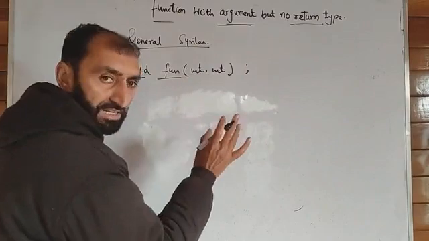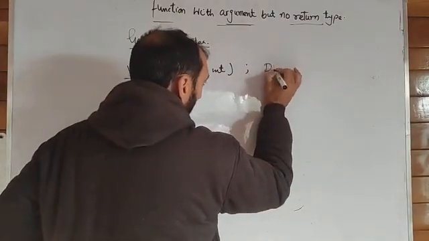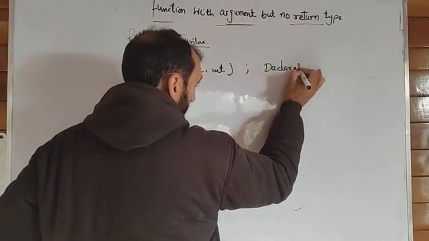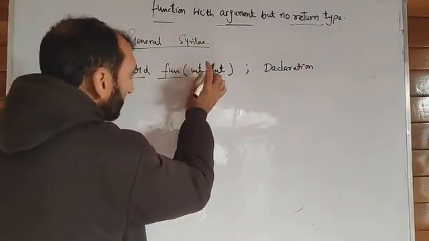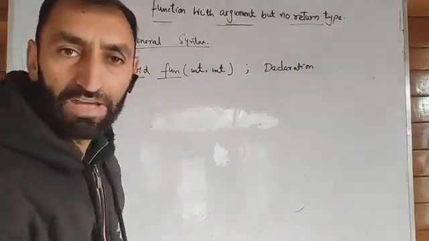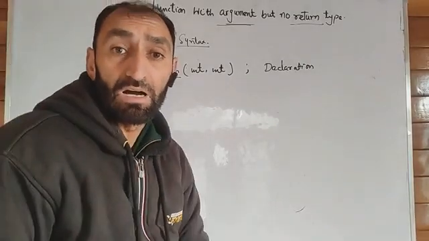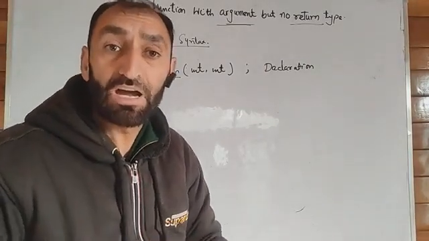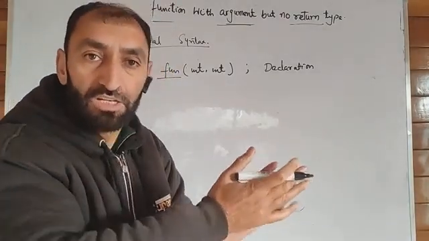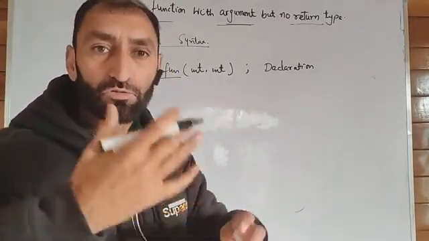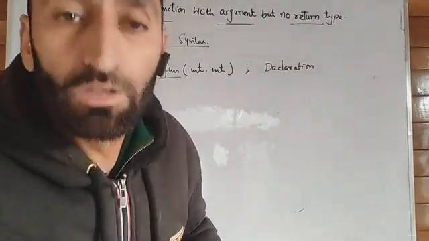Here, take care, in the declaration part, declaration of function, we have to only specify the type of the arguments that the calling function is going to pass to the called function.